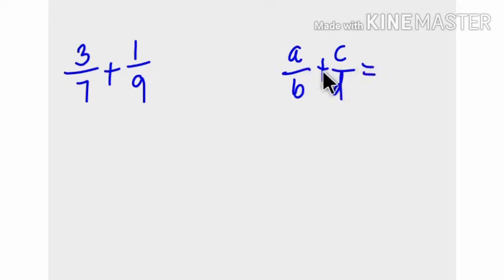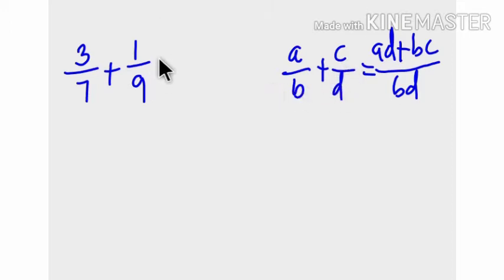For adding these two fractions we multiply the numerator of the first fraction by the denominator of the second, that is a into d, plus the denominator of the first fraction and numerator of the second, b into c, divided by the two denominators, b into d. This is how we add two fractions.